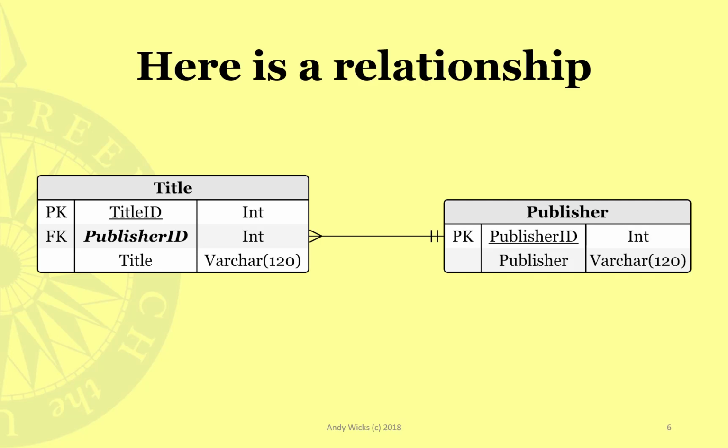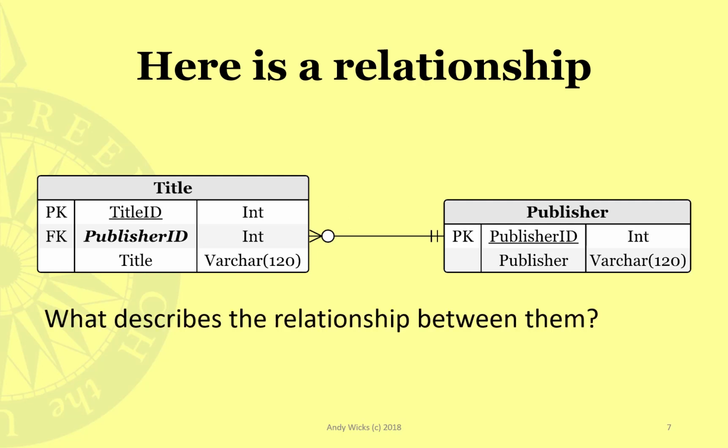So the minimum number of titles for a publisher would be 0. So we can add that 0 to the title entity. Some people call this optional. Unfortunately, in database design, there's an awful lot of duplication of terminology.